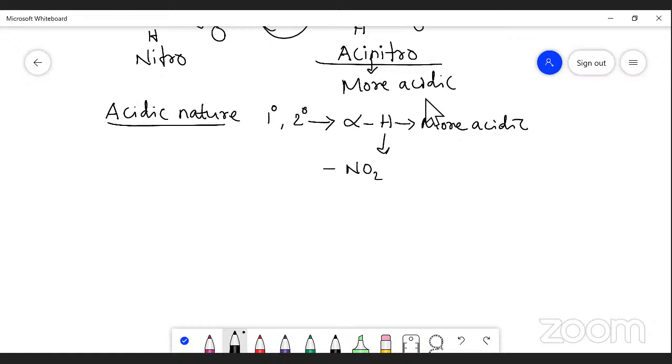So the primary and secondary nitro compounds having alpha hydrogens are more acidic due to the NO2 group.